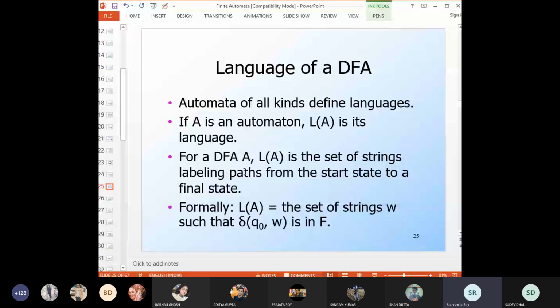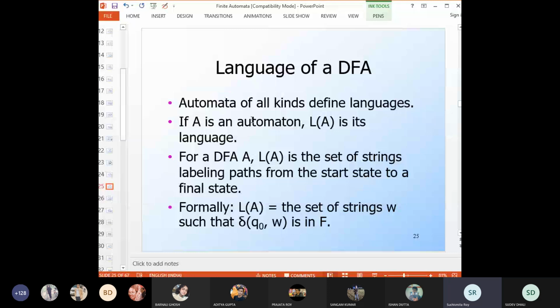Now, language of a DFA. What is the language of a DFA? Again, something we have discussed already. All kinds of automata define languages. Please do not be confused by this term, all kinds of automata. For the present, we are discussing finite automata only.